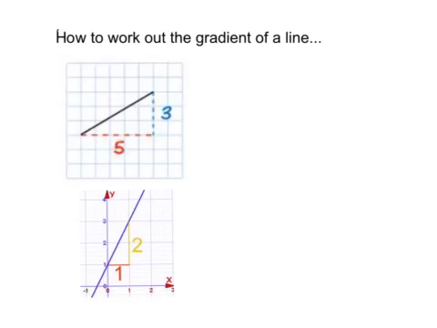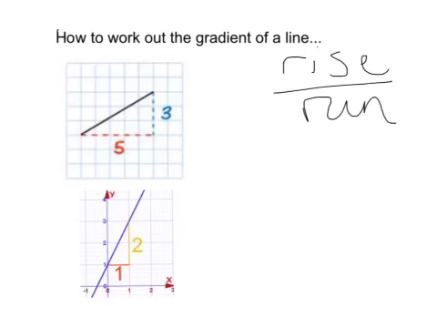So how do we work out the gradient of a line? Well, we can use the term rise divided by run, or rise over run. This just means that you need to take the number of squares going up and count the number of squares going across.